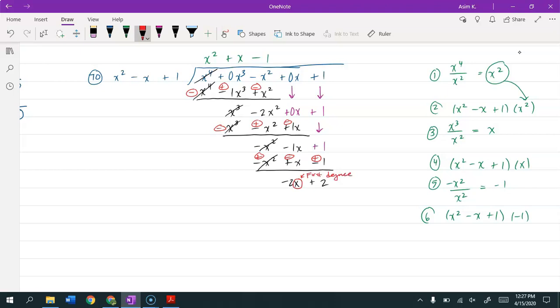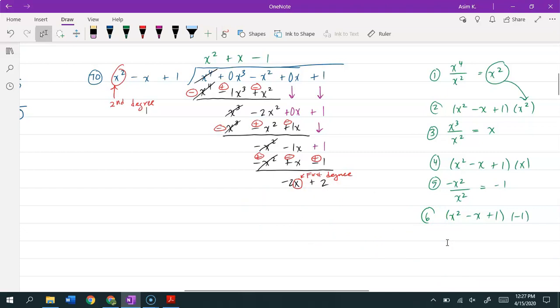And notice that the degree on the first term in the divisor is a second degree. Because the degree of the divisor is more than the degree of the remainder, you're not going to continue this process, and you choose to stop right there.